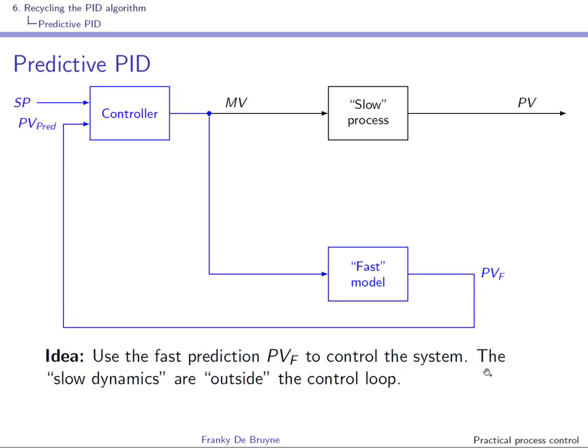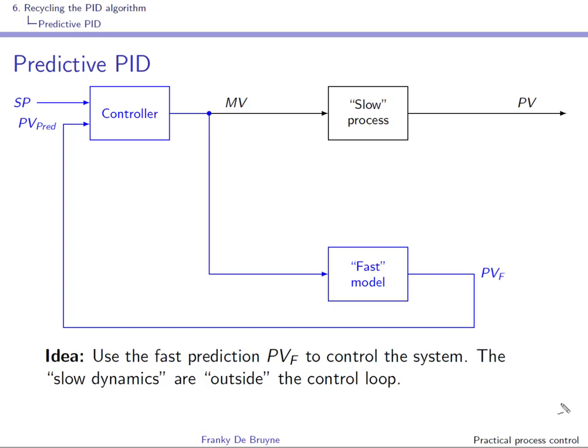Well, once you have this fast prediction of PV, you simply use it to control the system. So the controller will react as if this fast model of the system is the actual system, and what you have done is taken the slowness outside the control loop.